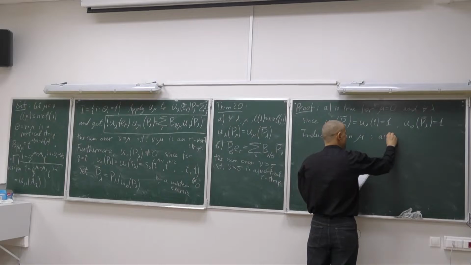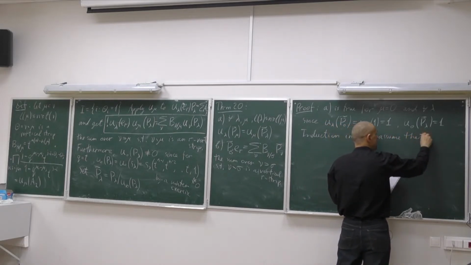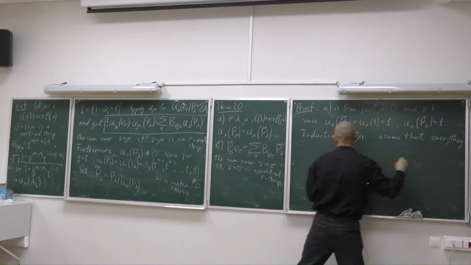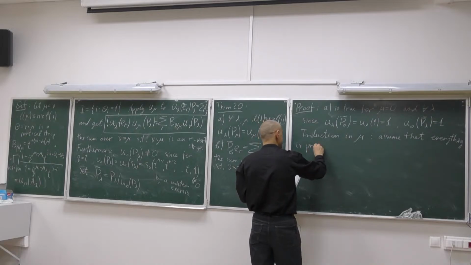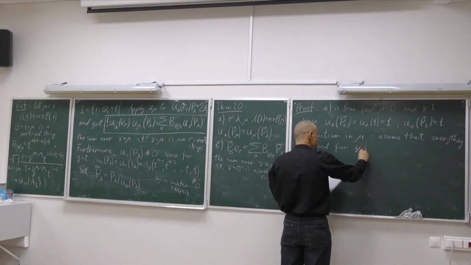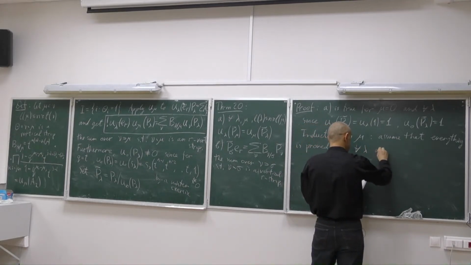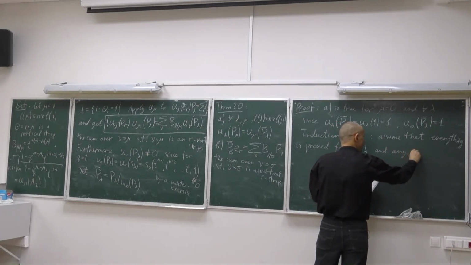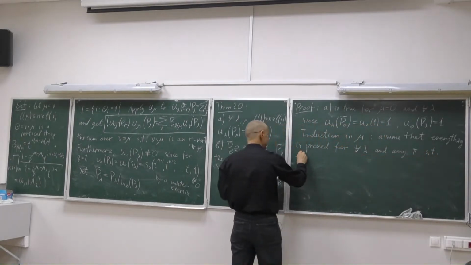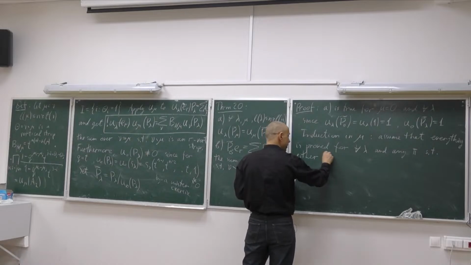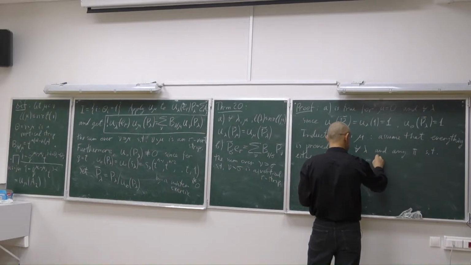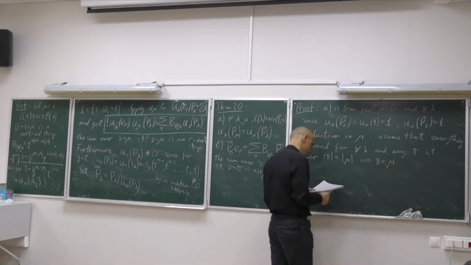So assume that everything is proved for any lambda and any pi such that either the size of pi is less than the size of mu, or they have the same size and then pi is dominated by mu.